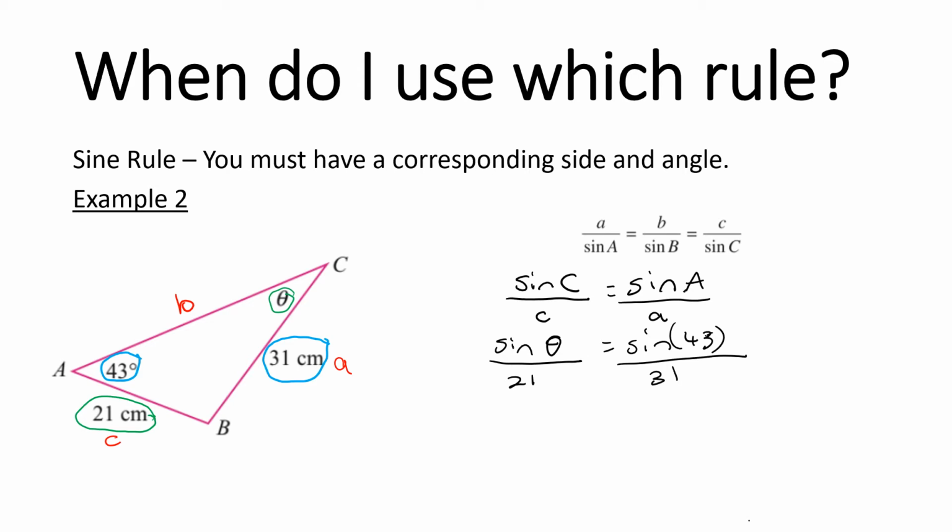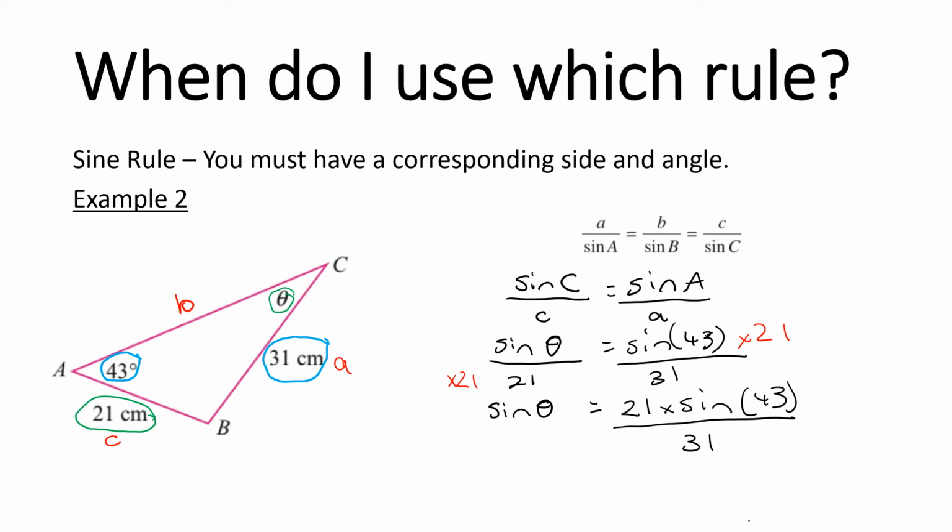Now this time we're trying to get theta on its own, so we will have sine theta equals 21 times sine 43 over 31. All that I've done there is multiply both sides by 21 so that we get sine theta on its own.